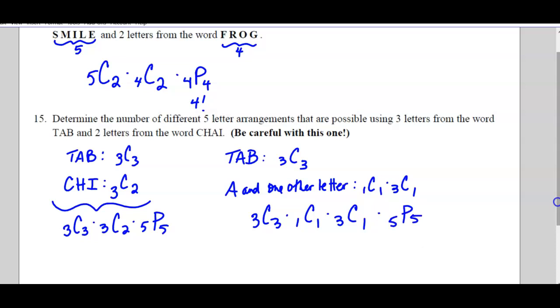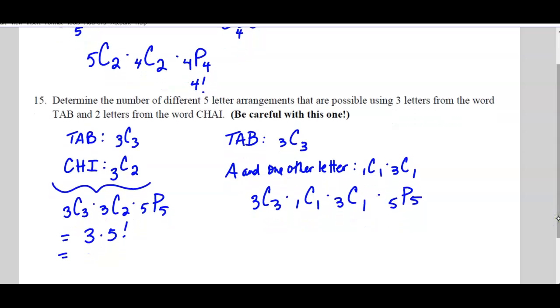Now, these are both worth 1, right? So let's actually do that. So that's worth 1. 3C2 is 3 times 5 factorial. So what's that? 120 times 3 is 360. This is 1 times 1 times 3.